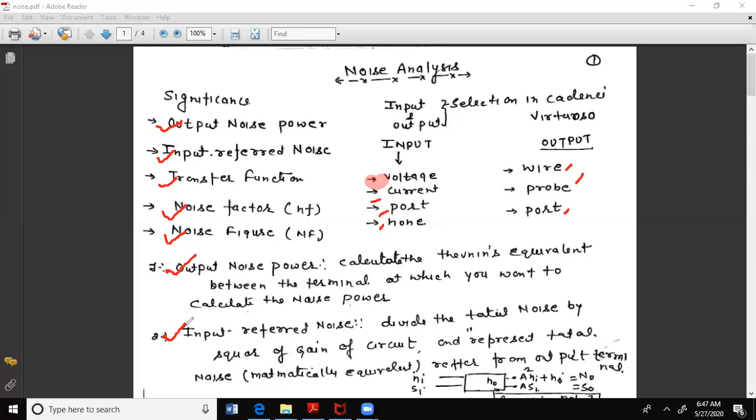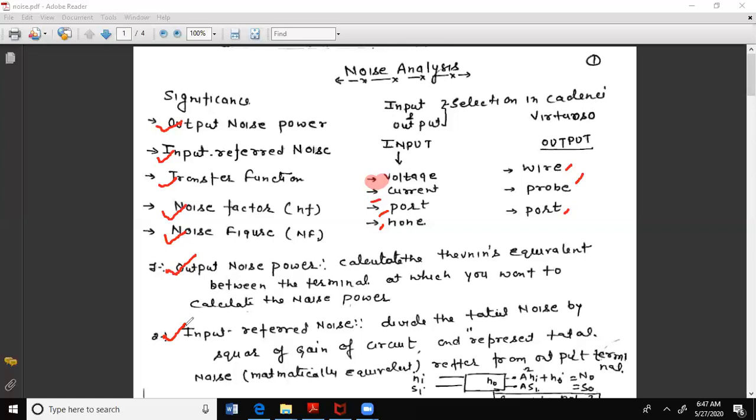And how can we correlate this with output noise power? Because output noise power is the total power contributed by every element, input referred noise is the total mathematically equivalent power transferred from output terminal to the input terminal.